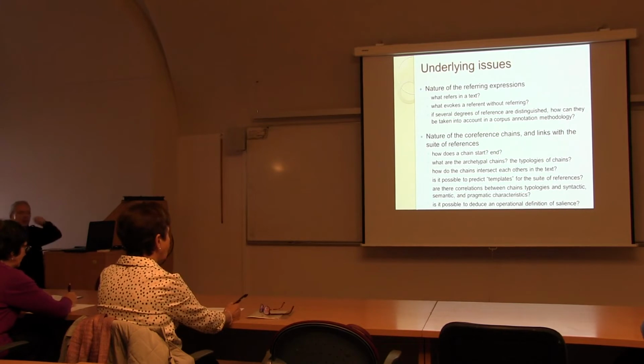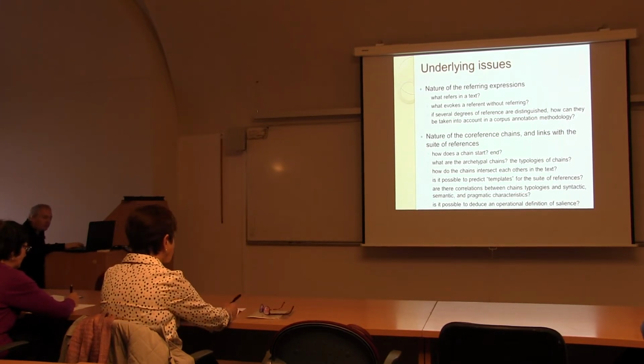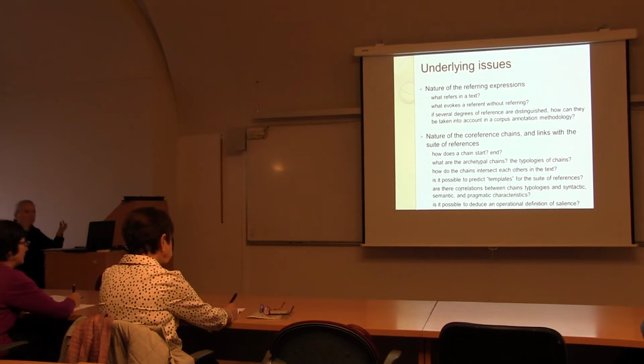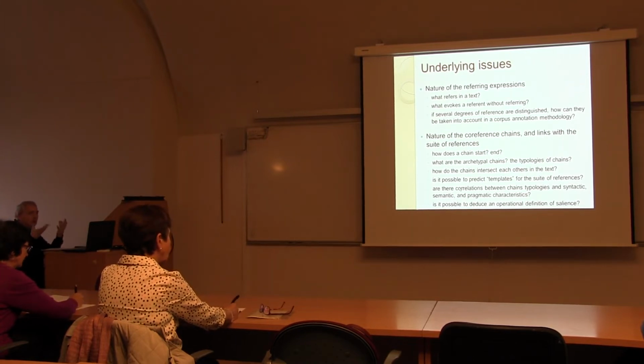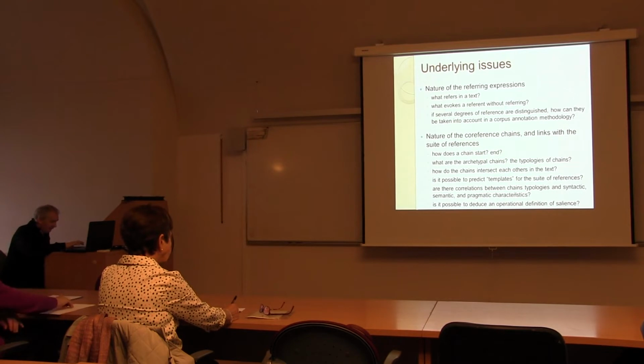Or do we have A, B, A, B, A, B, A, B, which is a kind of competition between 2 salient people, for instance? And then, are there correlations between chain typologies and syntactic, semantic, and pragmatic aspects of the sentences and of the text?